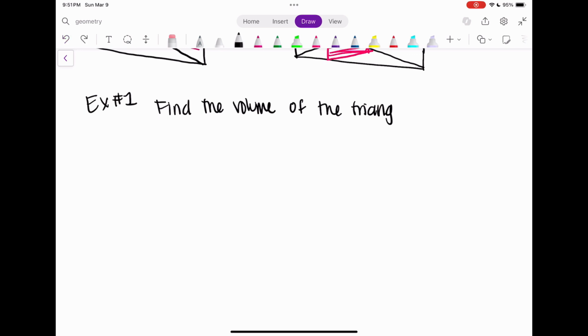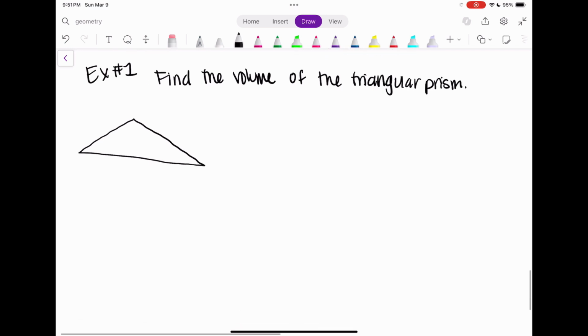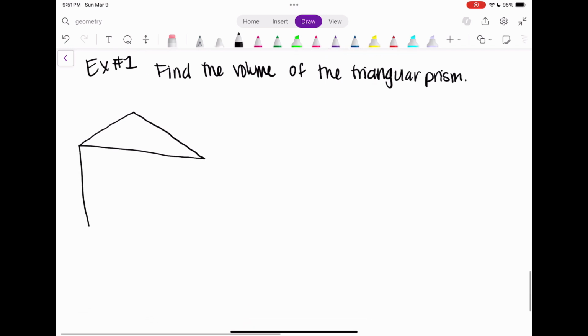It does not have to be perfect, but please take your time drawing this because it is your notes. So I'm going to label my height, and my height is going to be equal to 22.